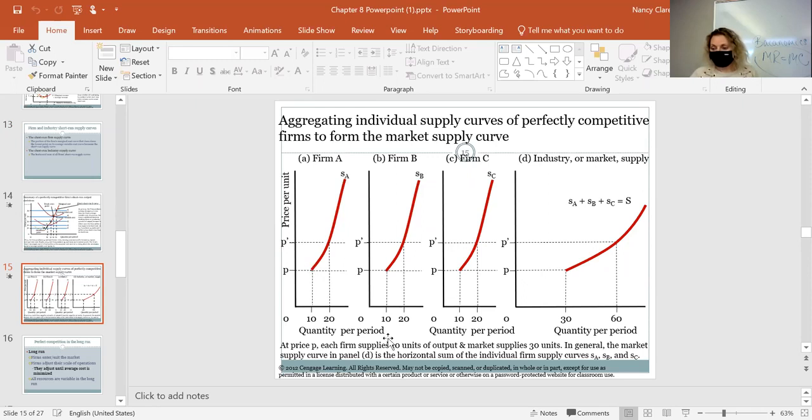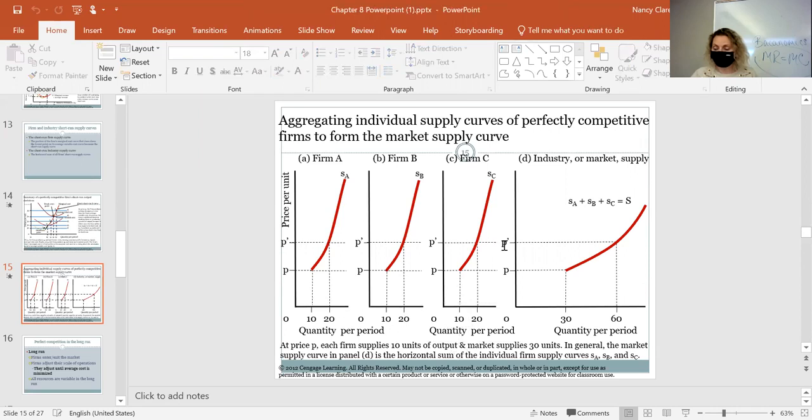And if we are trying to figure out what industry or market supply is, we would simply figure out at some given price what each of the firms are going to give us and then sum it up. So at price P, supplier 1 or firm A is going to give me 10. Firm B would give me 10. Firm C would give me 10.